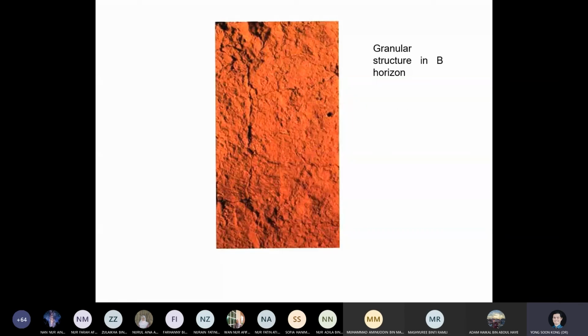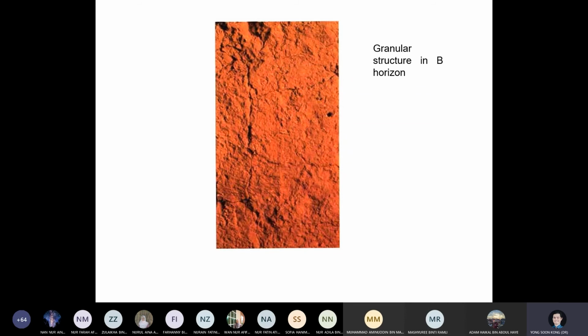And granular soil may also exist in the B horizon because this horizon may accumulate a larger quantity of clay particles, and because of that, they also aggregate. Now, in the B horizon, they aggregate due to the higher percentage of clay.